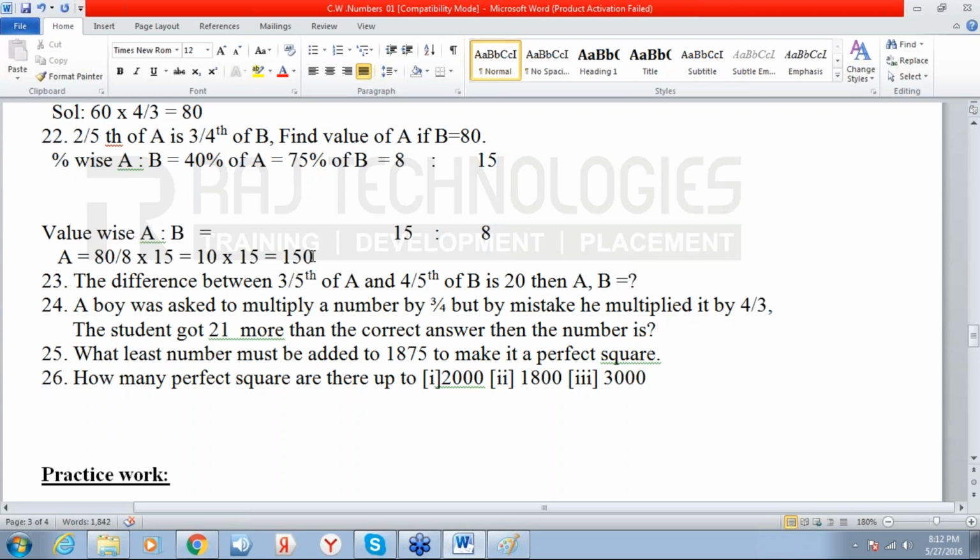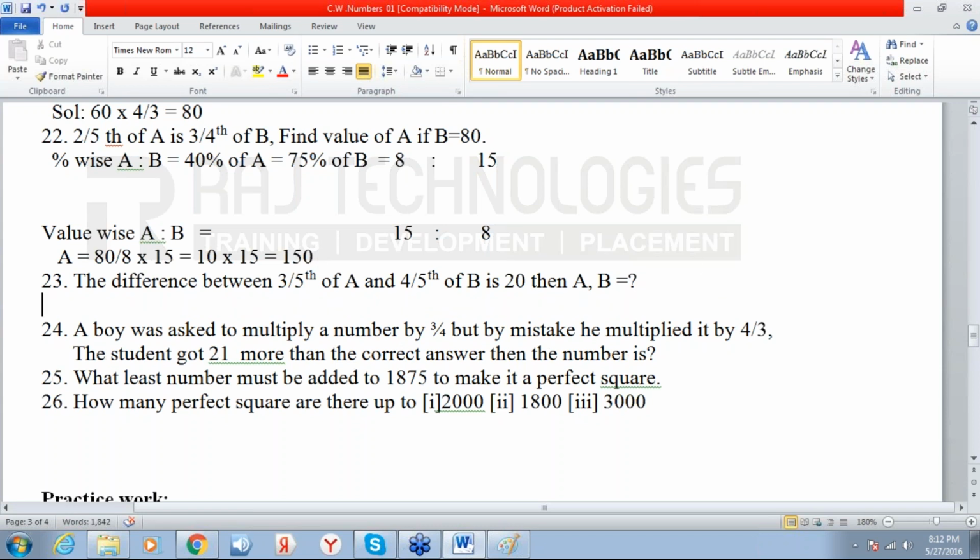A is equal to 150. Here, actually the question is wrong.